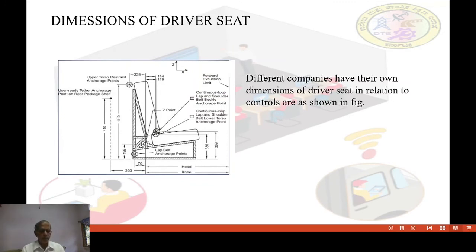Dimensions of the driver seat relating to the controls of the cabin are very clearly given in the figure. Total height from the pan is 1110 mm and to the headrest level 810 mm, and inclination 114 to 119 degrees.